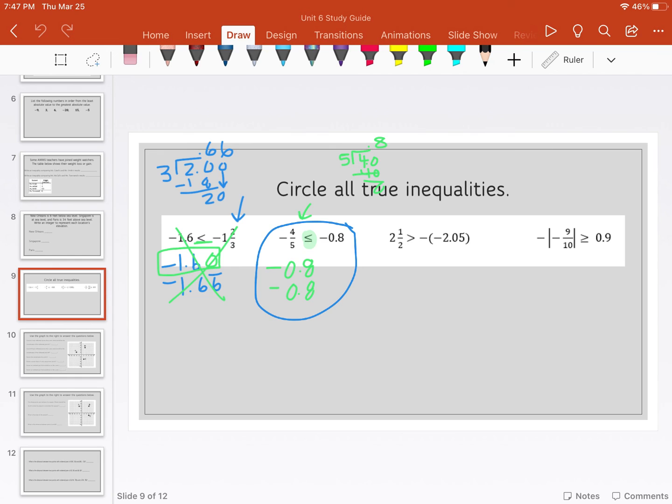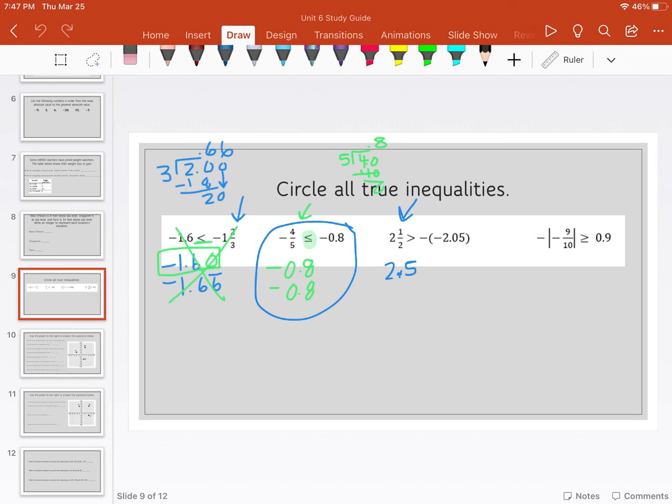All right, the next one here, we've got 2.5, and they're saying that that is greater than the opposite of negative 2 5/100. So this one we can divide here, but 2.5, that's pretty simple. That's 2.5. Hopefully you've memorized that at this point.